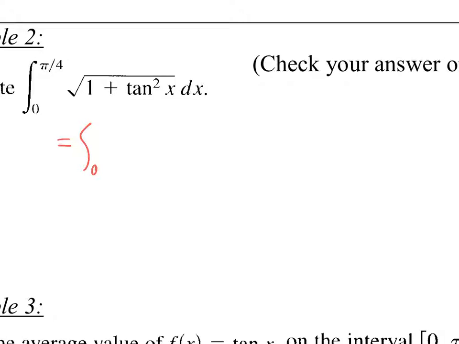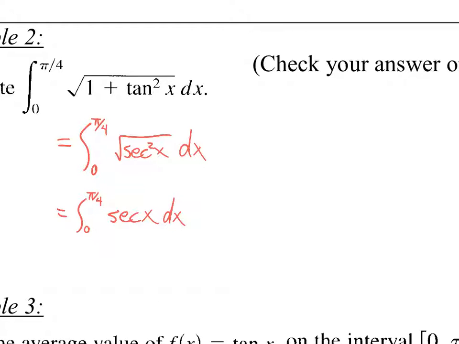Then it's the integral from 0 to pi over 4 of the square root of secant squared x. Okay? Well, the square root of squared is the first power, so this is now just the integral from 0 to pi over 4 of the secant of x. Now we have something that we can take the integral of.